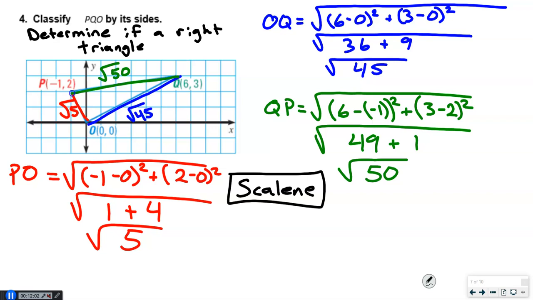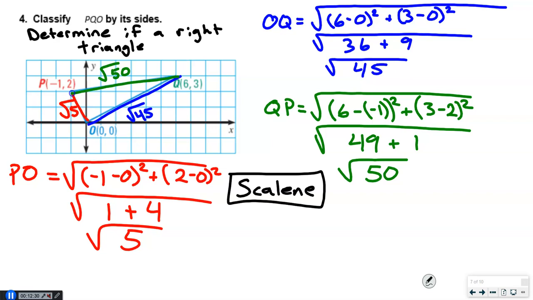In Unit 3, we talked about parallel and perpendicular lines and the slope of parallel and perpendicular lines, right? Well, perpendicular lines form right angles. So if we can show that any two of these three lines are perpendicular to one another, we'll know it's a right triangle, and it'll form a right angle where those two lines meet.